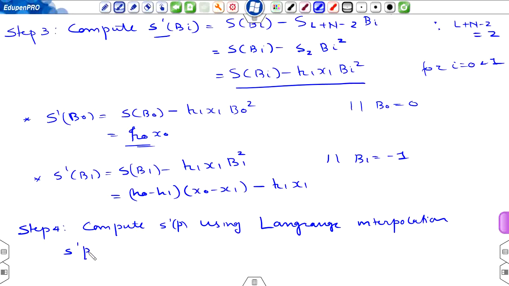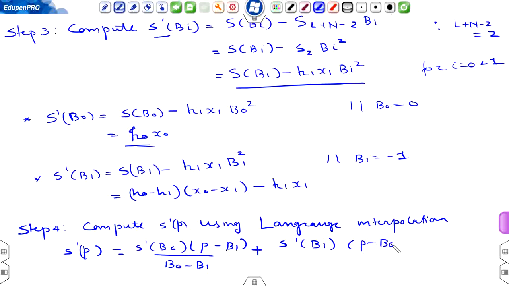S prime P is given by S prime beta naught, P minus beta 1 divided by beta 0 minus beta 1, plus S prime beta 1, P minus beta naught divided by beta 1 minus beta naught.